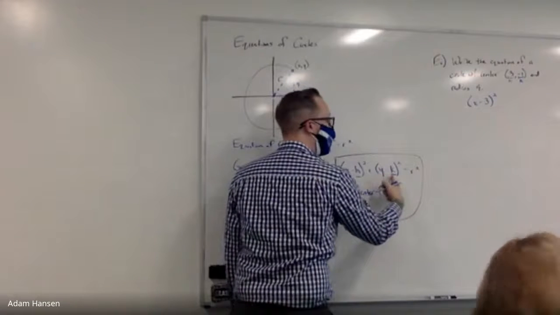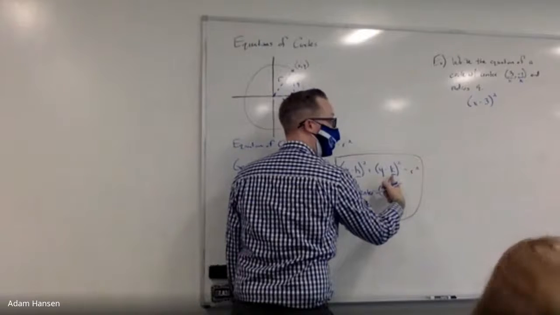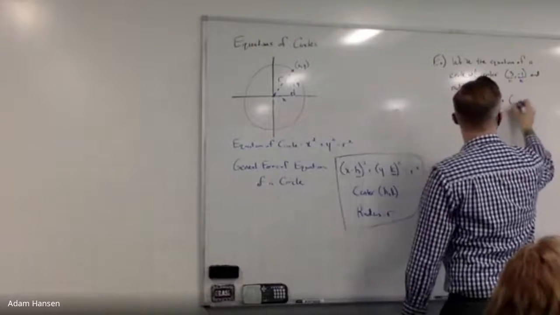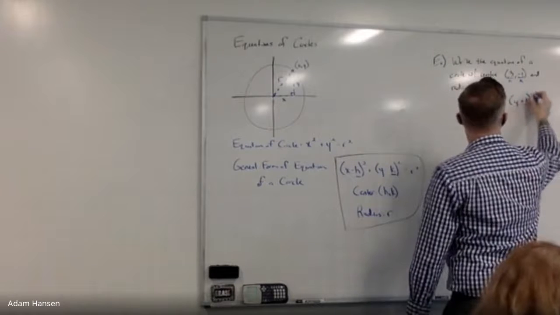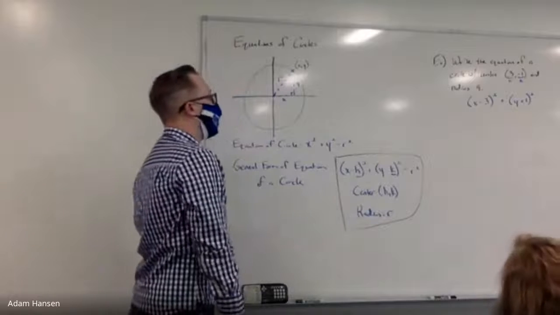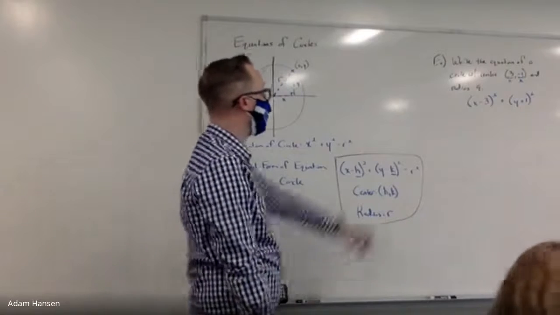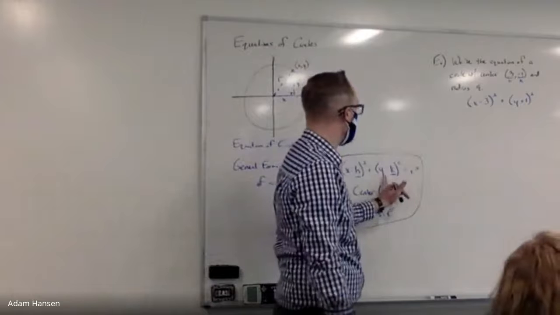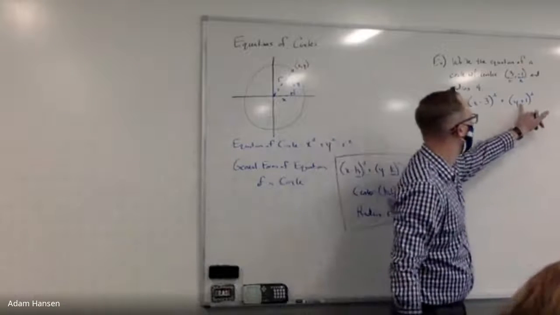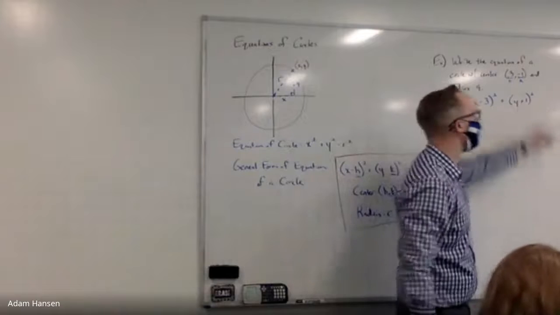Y minus -1 is really simplifying down to a double negative, right? K value is -1. Since it's y minus k, y minus -1 just became a positive because of the double negative.